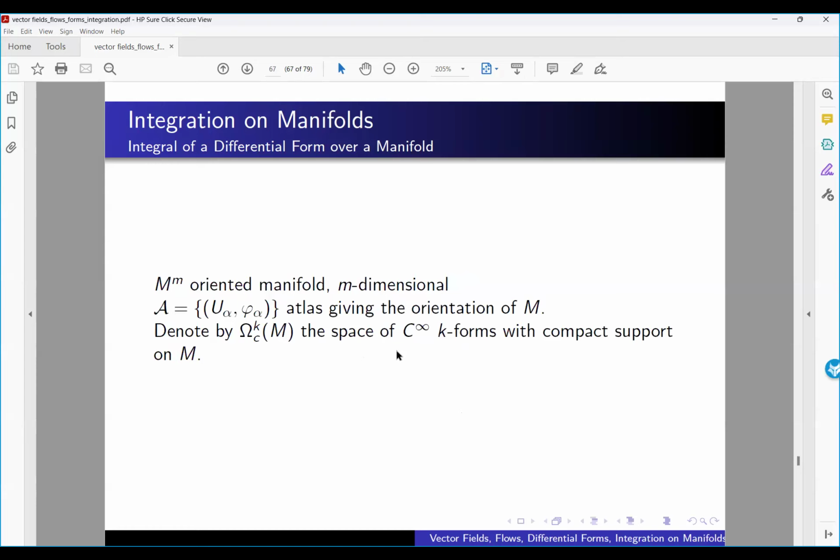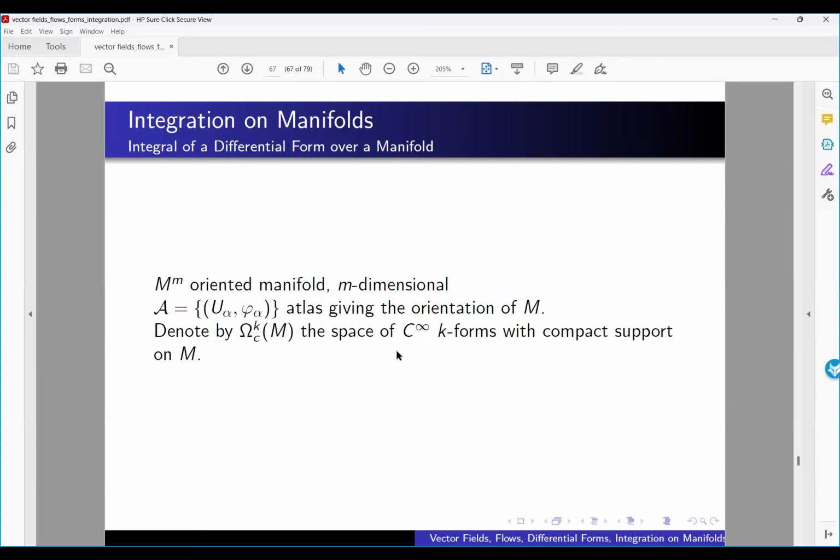Now suppose that you have an oriented manifold, with a class giving the orientation. If you remember from the day before yesterday, when you write down those transition maps from one chart to another, phi beta times phi alpha inverse, and you write down the Jacobian matrix, then when you compute the determinant, it might be positive or negative.